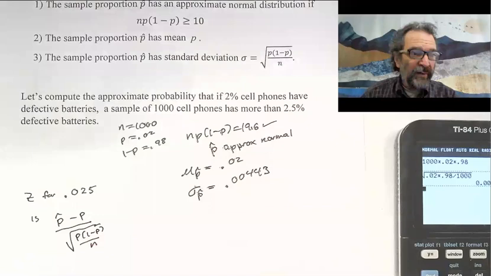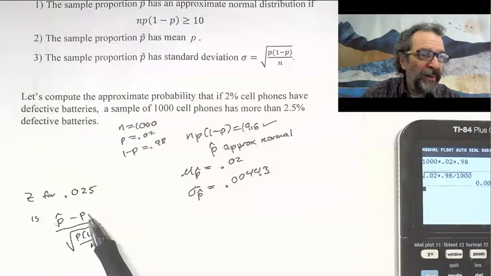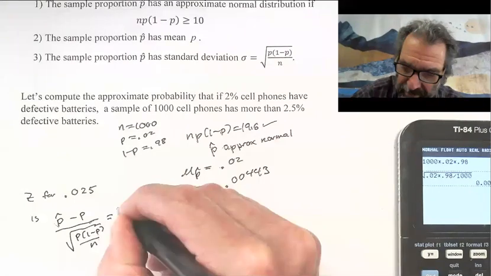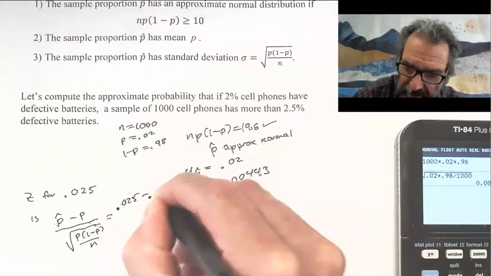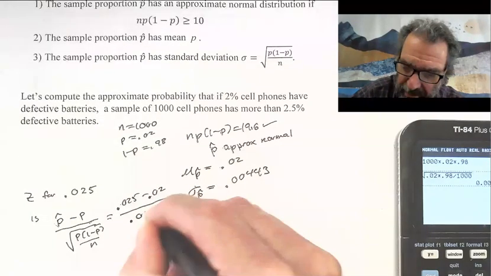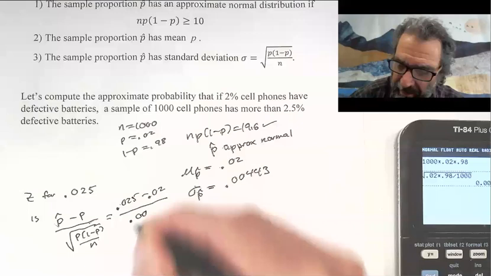So that's value minus mean over standard deviation. So we get 0.025 minus 0.02 over 0.00443, like that.